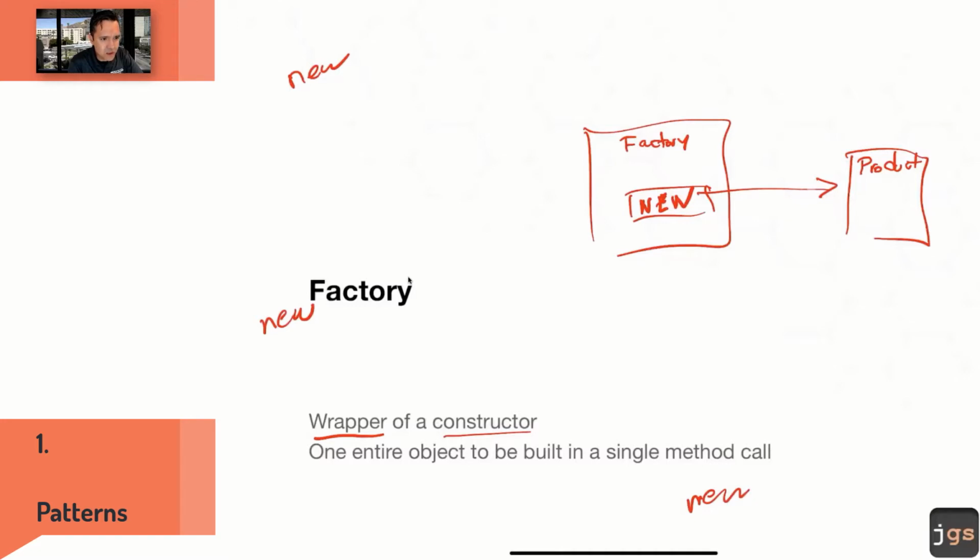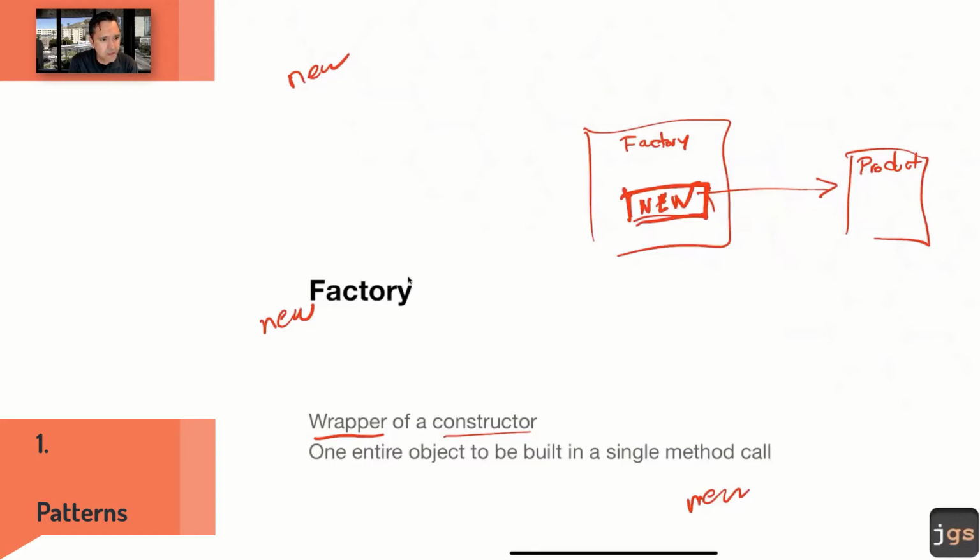Centralize the news and have one and only one place in which you have new for some particular object. Every single time that you want an object from a particular class, instead of instantiating the object directly, call this method. Always. Centralization.